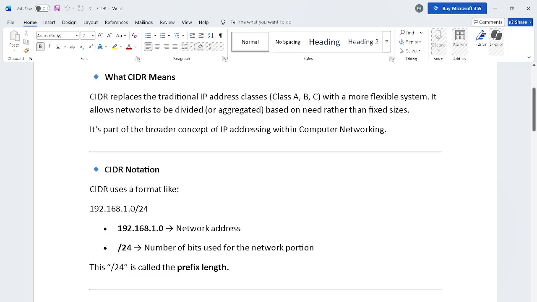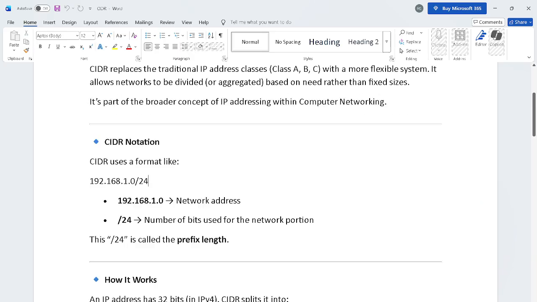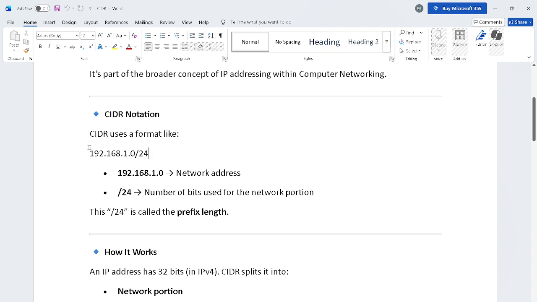So CIDR notation. When you are creating a subnet, we give it like this: 192.168.1.0/24. We call it CIDR. The CIDR format is like this. 192.168.1.0 is the network address. /24 is the number of bits used for the network portion.